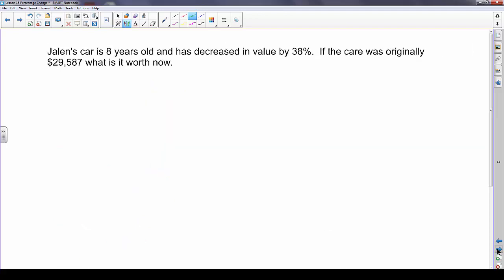So we got Jalen's car is 8 years old and it's decreased in value by 38%. And if the car was originally $29,587, what's it worth now? Again, I'm going to do the adjustment of the increased and decreased percentage right off the top.